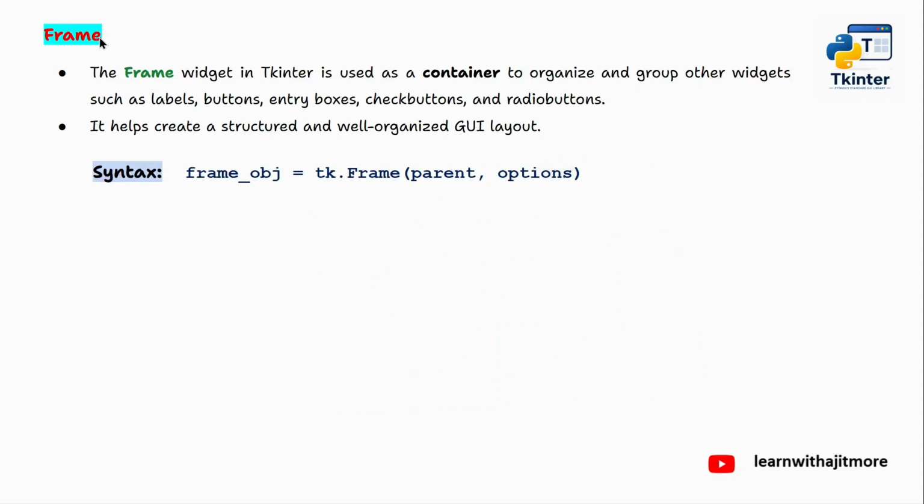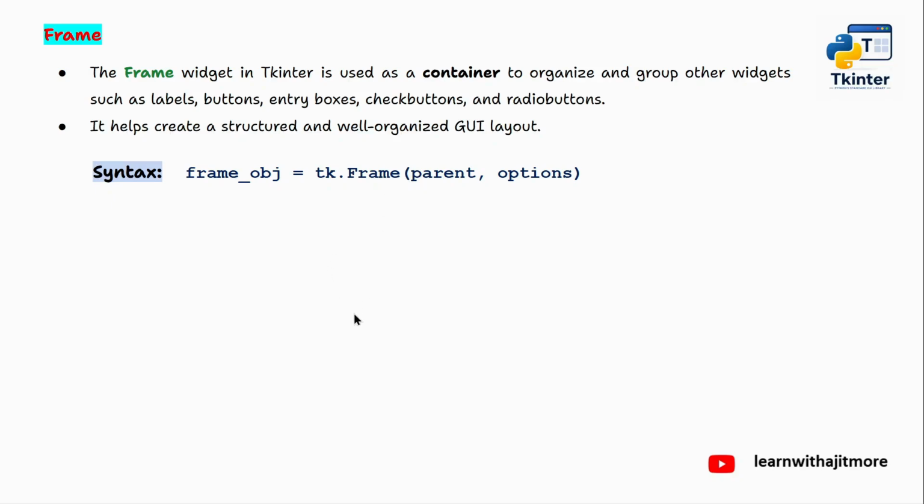Now, how to create a frame widget? By creating an object of the Frame class. Frame is a class, remember. So you have to create an object of the Frame class and pass the parent. Now, who is going to be the parent for frame? Your main window. The main window is the parent for frame.